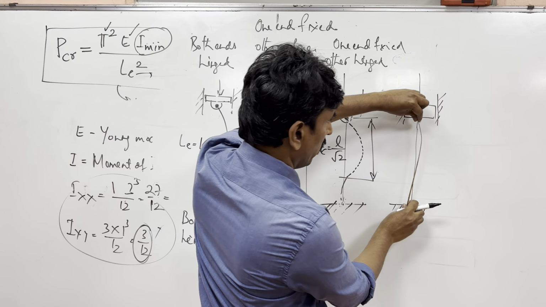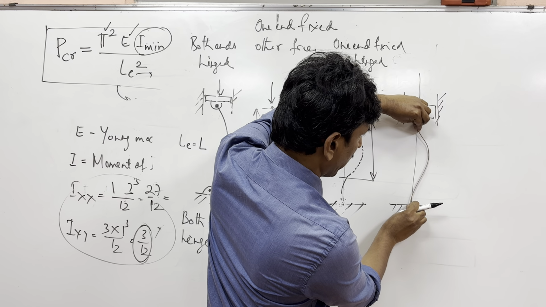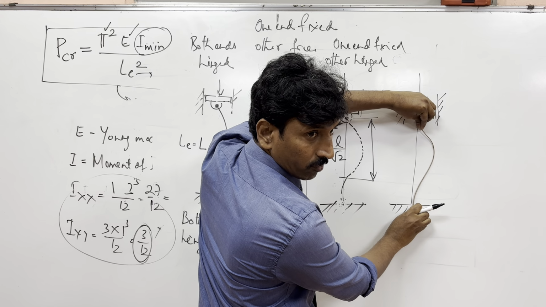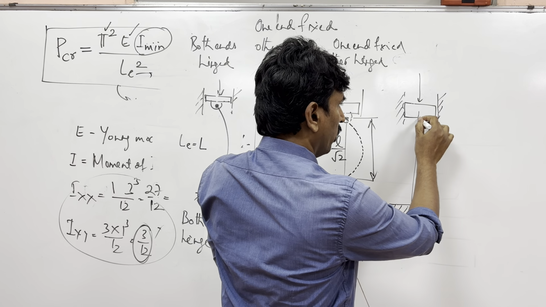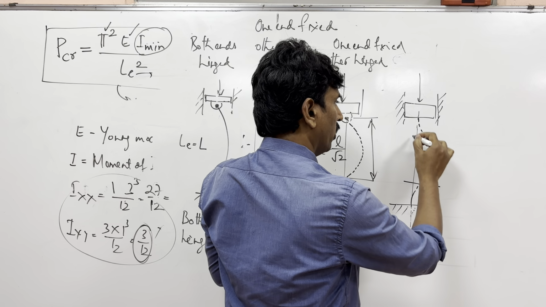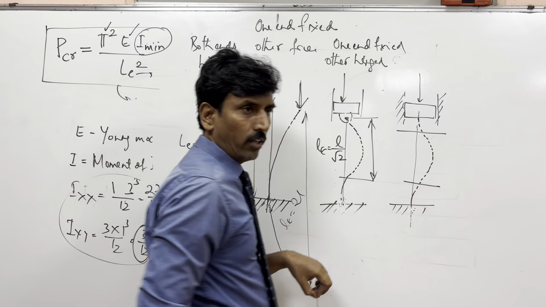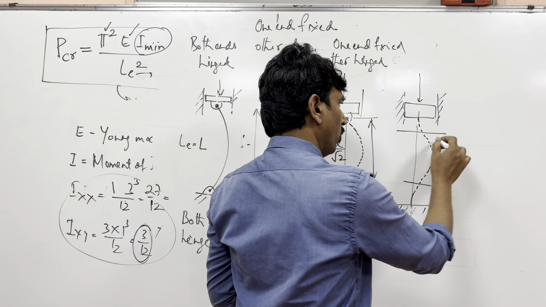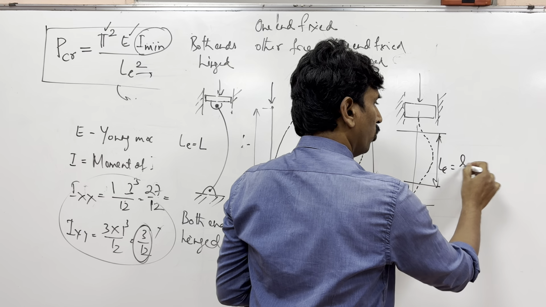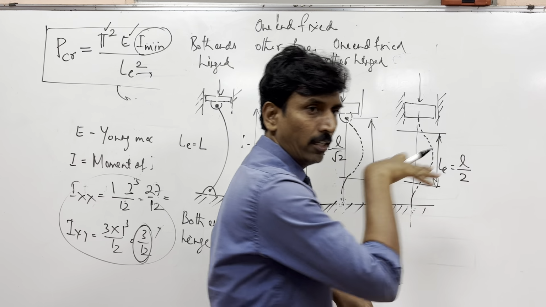In this case, you are trying to hold on both sides and it's going to bend like this. It will start bending like this and you will see that this effective length LE is actually equal to the actual length divided by 2.